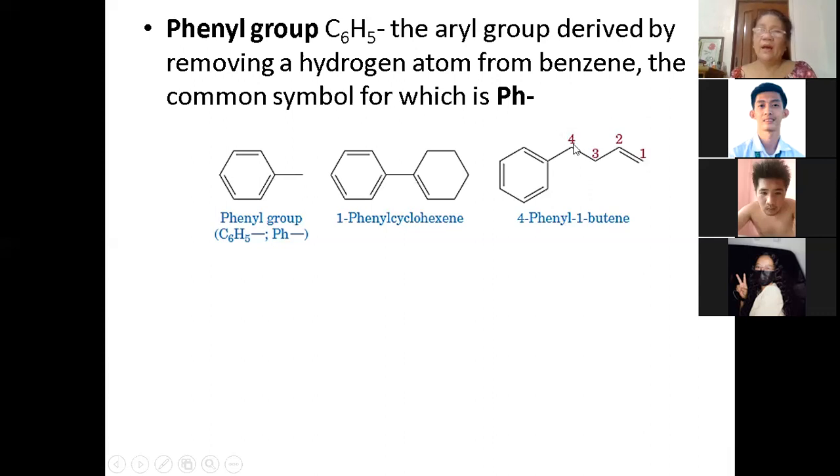But there is your phenyl here, now a substituent where it is attached at carbon 4. Meaning this is 4-phenyl, asa man ang double bond na asa 1. And unsay parent name is butene. Therefore, the name of this is 4-phenyl-1-butene. Okay? Then let's move on.